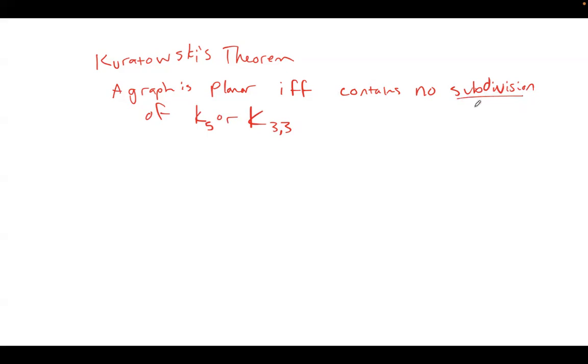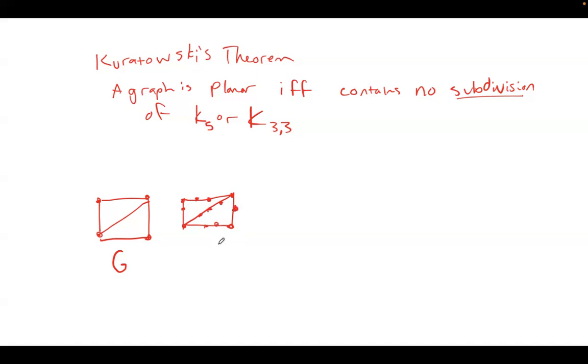Subdivision is not the same thing as subgraph. They have some examples where, let's say that this is some graph G, and then if we redraw it over here, we can insert vertices of degree 2 to break up these edges.